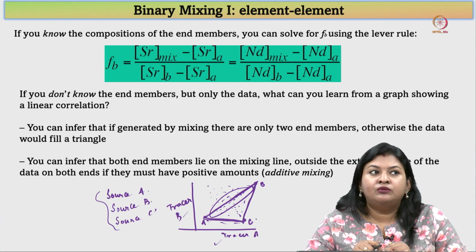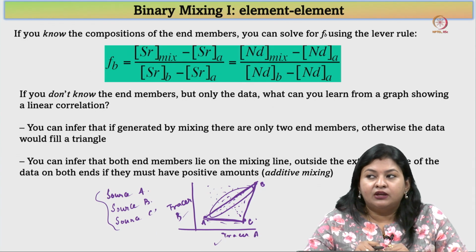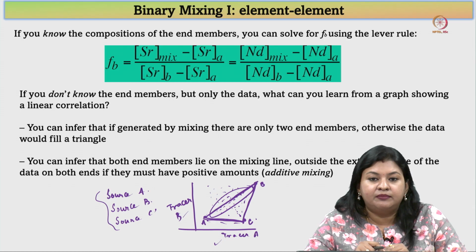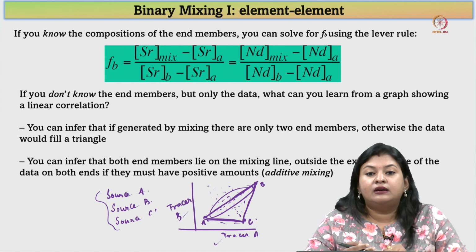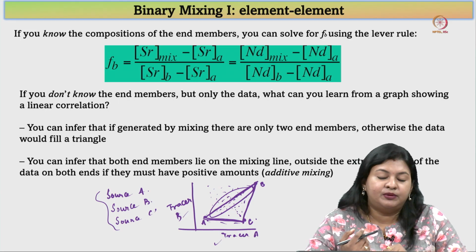Sometimes you may not know the end member, you may have no understanding what the third end member could be, but the data could give you a hint of what kind of end member it should be.